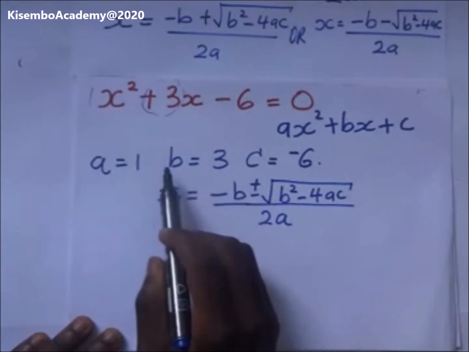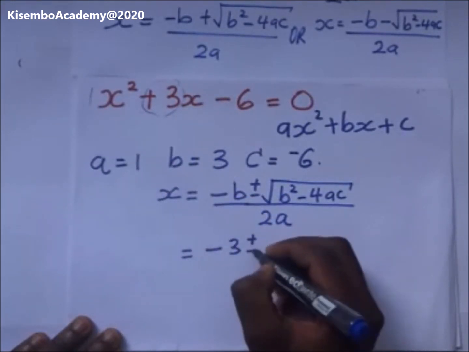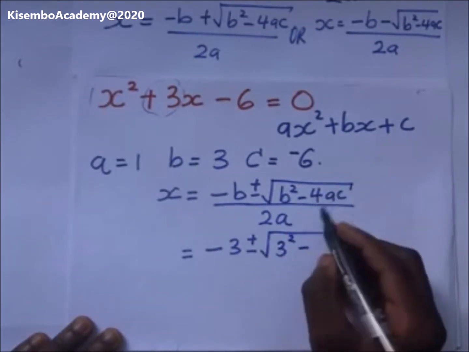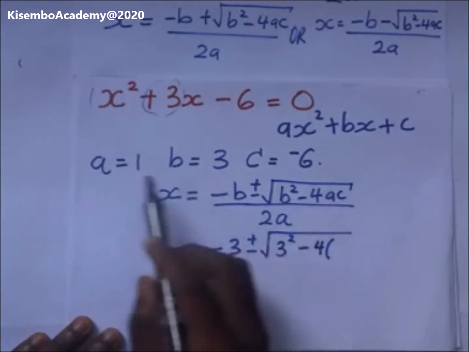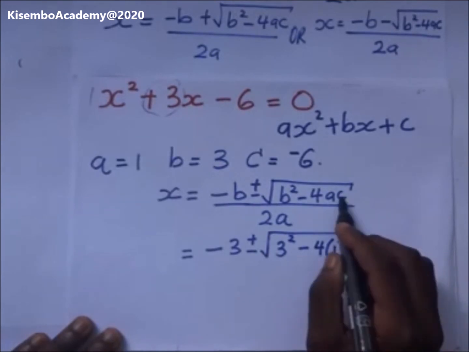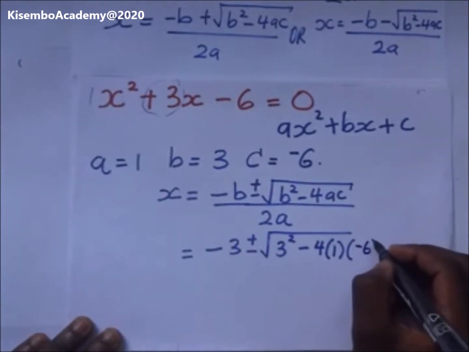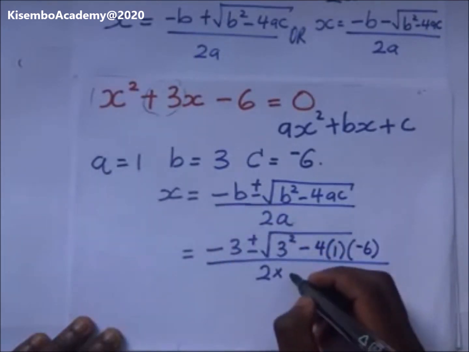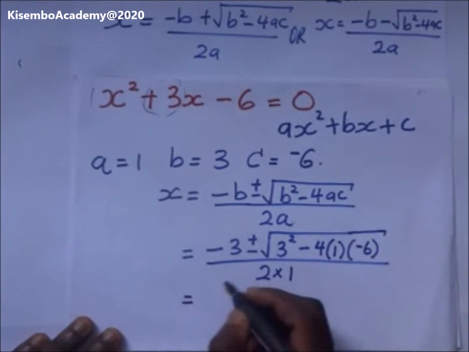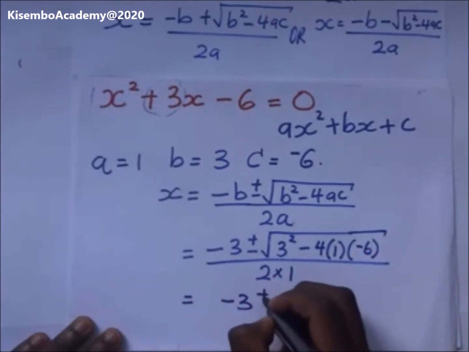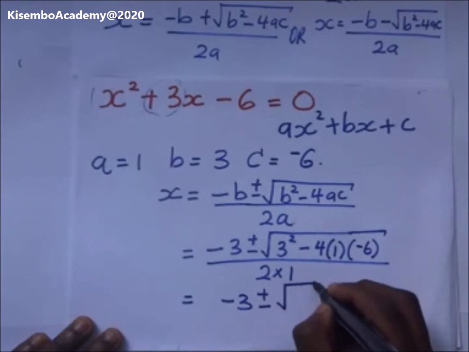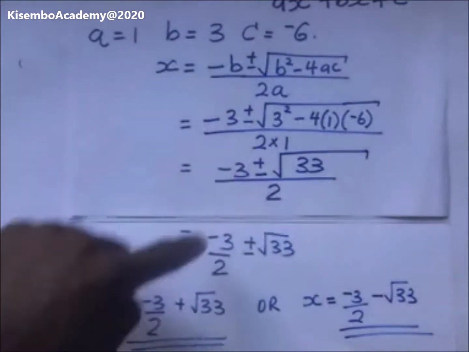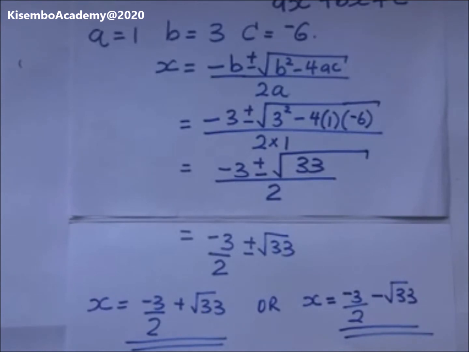So it becomes negative b, our value of b is 3, so negative 3 plus or minus the square root of b squared, which is 3 squared, minus 4 times our value of a, which is 1, times our value of c, which is negative 6, divide all that by 2a, our value of a is 1, and the rest is math. Our two values of x are either negative 3 plus the root of 33 over 2, or negative 3 minus the root of 33 over 2, and those are our answers.